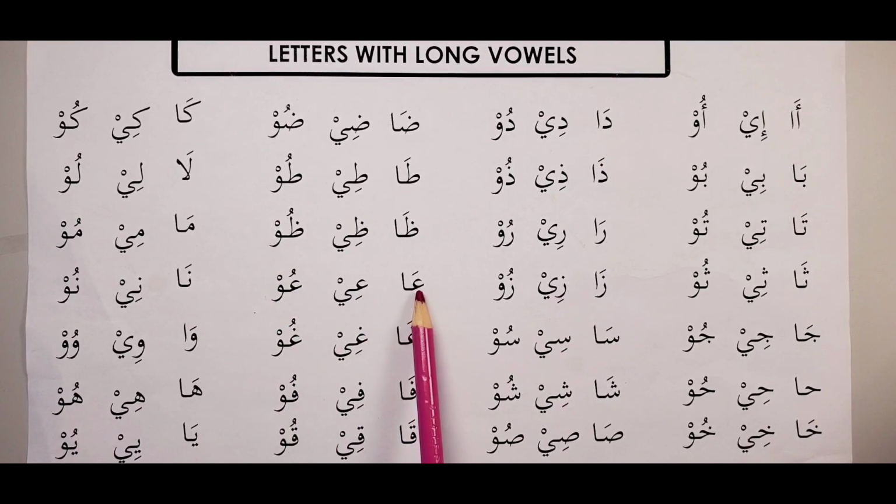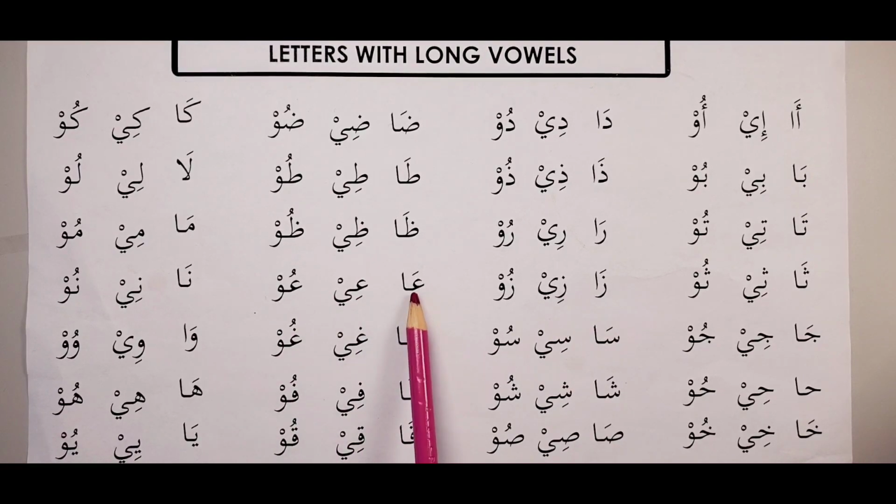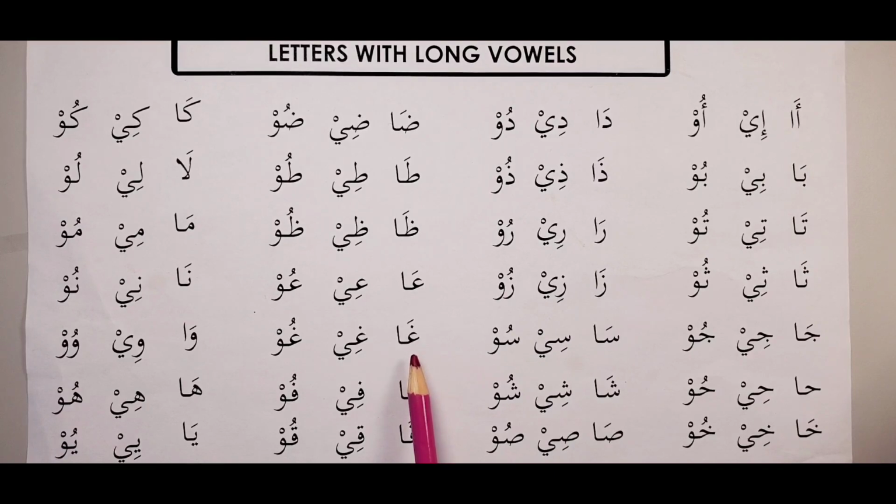We have a, i, u. Then Gha, ghi, ghu. Gha, ghi, ghu.